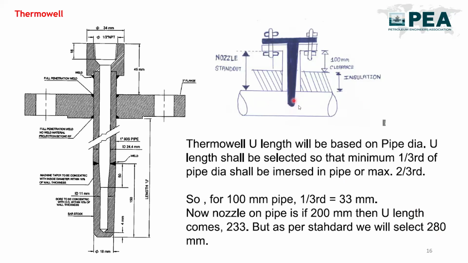For 8 inch and above, they specify 320 mm U length. And for the nozzle and vessel, they specify 400 mm U length. Out of that 400, 200 will be the nozzle length and 200 will be the immersion length.